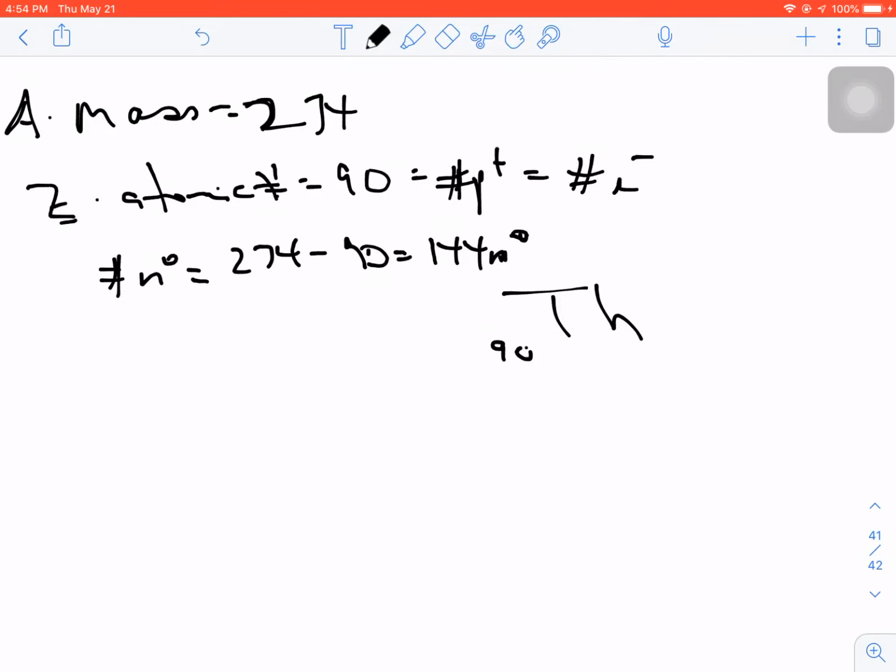Right? So I automatically know now how many protons, neutrons, and electrons, and what element it is, just by knowing its atomic mass and its atomic number. Now, let's come back to this idea that the mass on the periodic table is less than the mass of this atom that we're talking about.